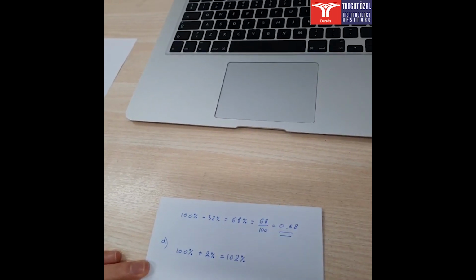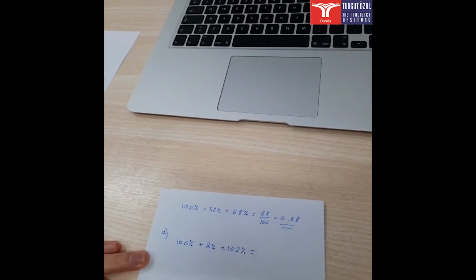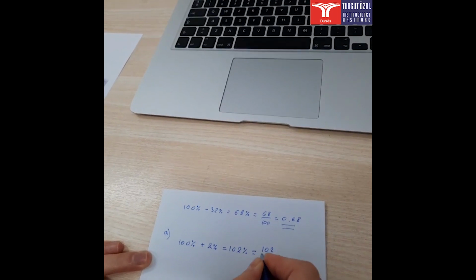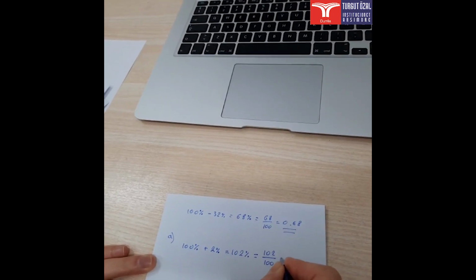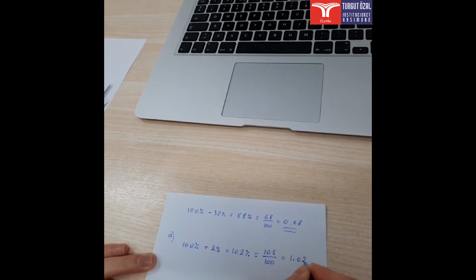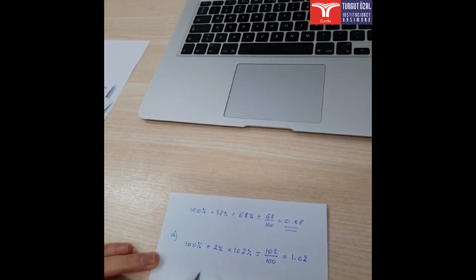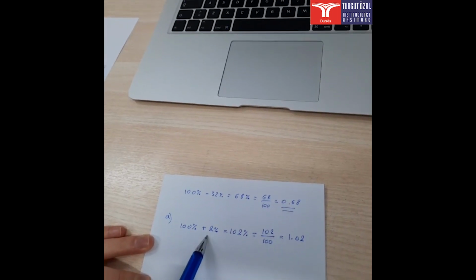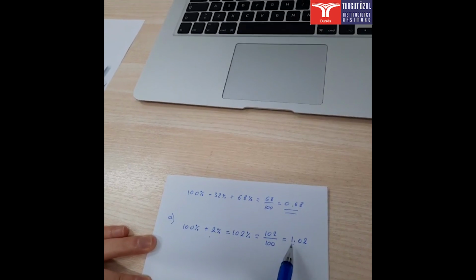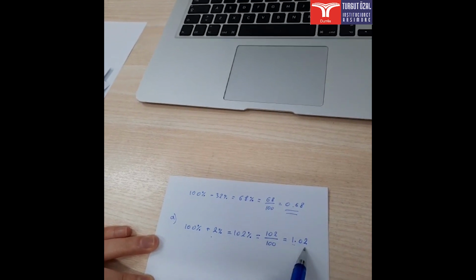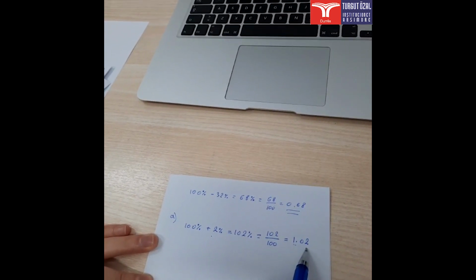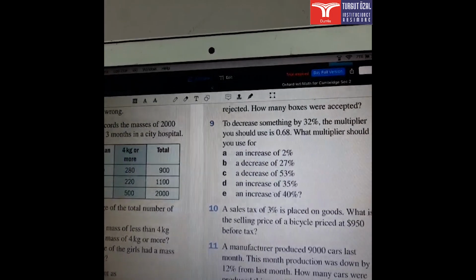If you convert this into a decimal number, it will be 102 over 100, which is 1.02. So if you want to increase something by 2%, you have to multiply by 1.02. So the multiplier will be this one. In the same way, you can continue with the other exercises.